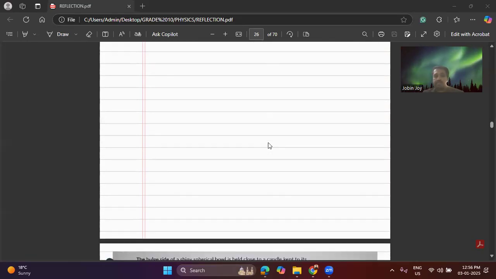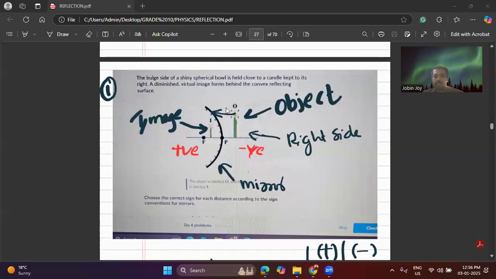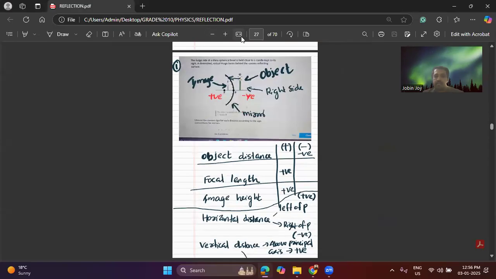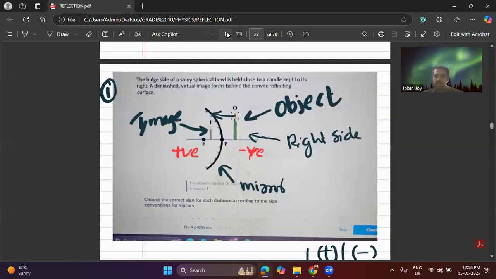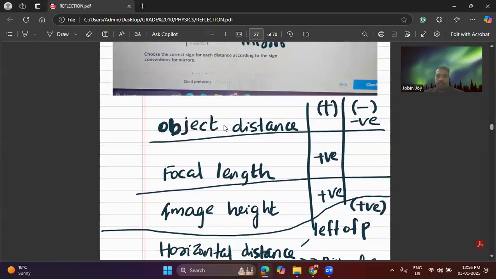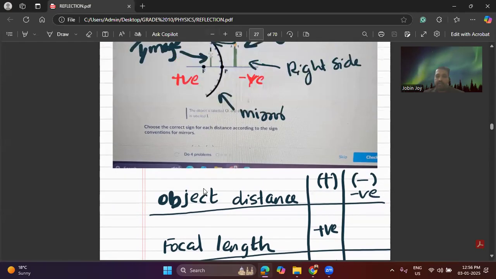Then another question is related to sign convention. We have to apply the sign convention to object distance, focal length, and image height.